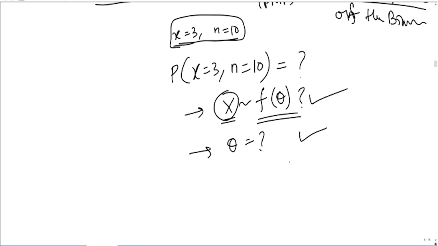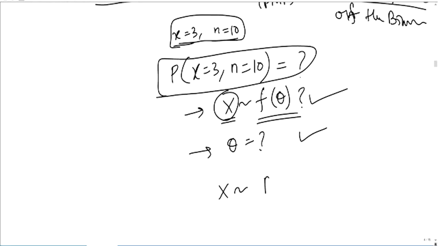So let us go back to this example. What is the probability of obtaining 3 heads when you toss a coin 10 times? When someone asks this question, you need to ask what your assumptions are, that is, how heads are generated in this particular experiment. If someone says that the number of heads comes from a binomial distribution, then you need to ask, what is the value of theta?